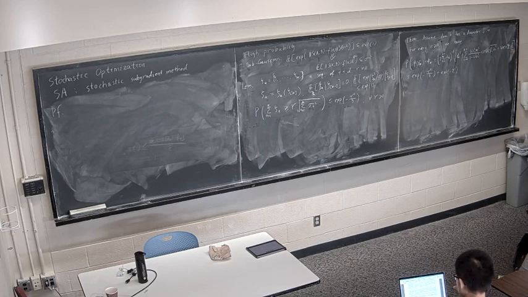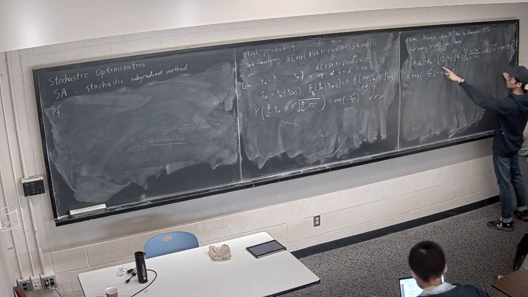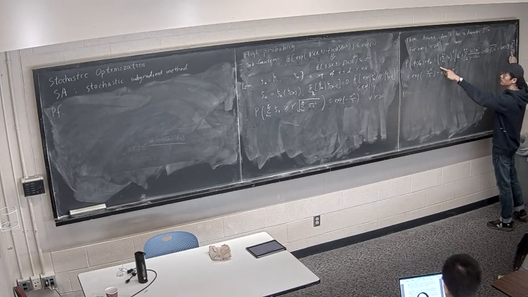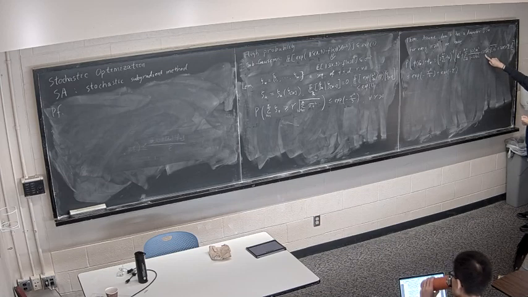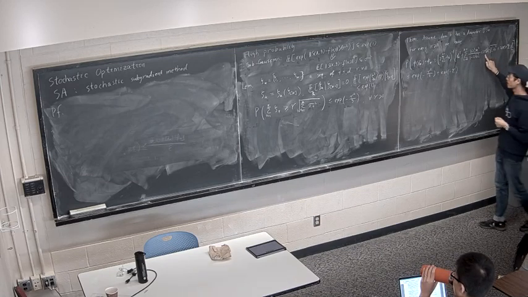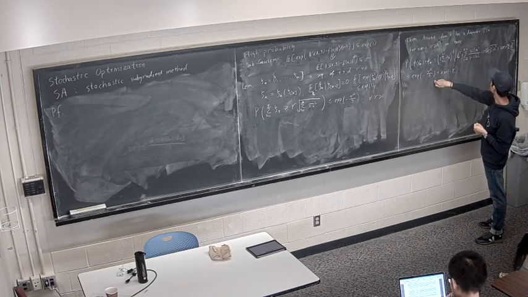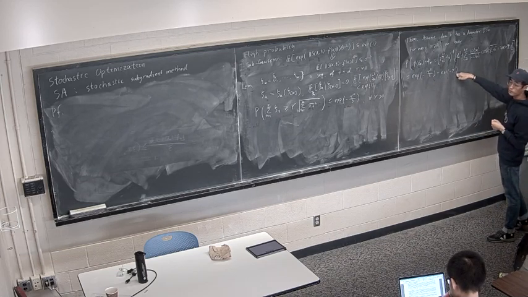So here, if you want to make this tolerance, the epsilon, small, you need to take the gamma small, right? But taking gamma small will make this upper bound large.